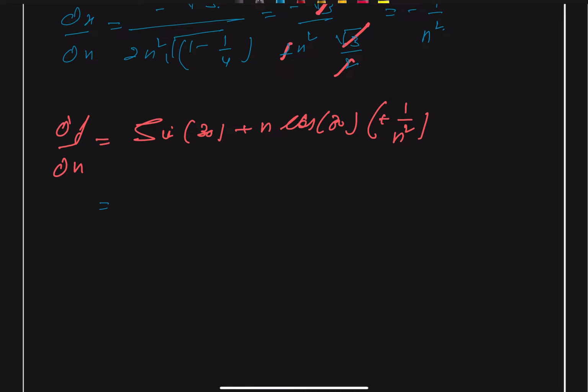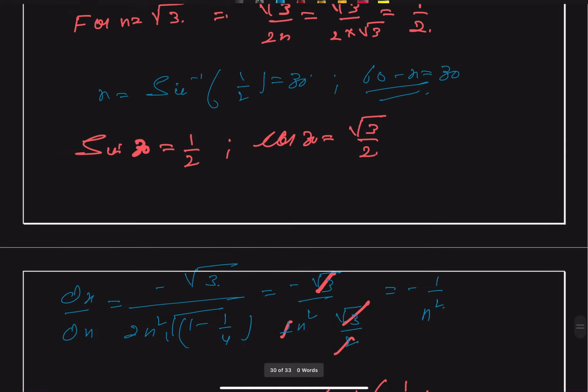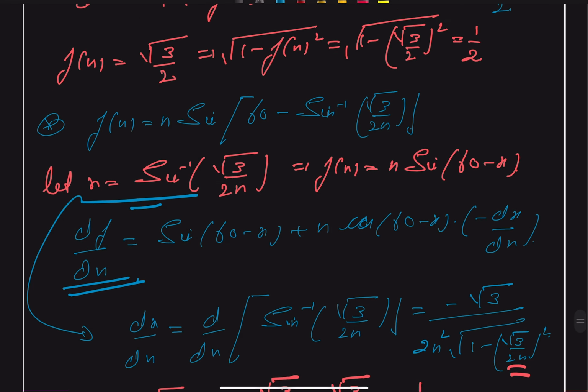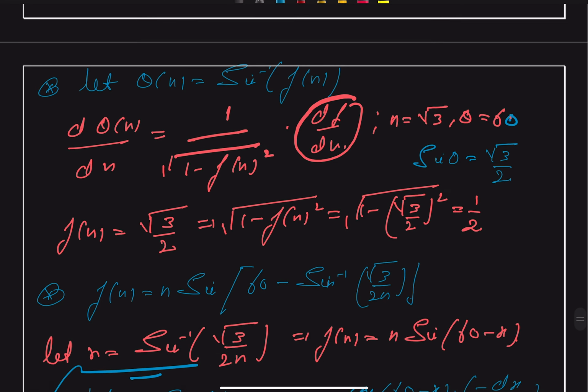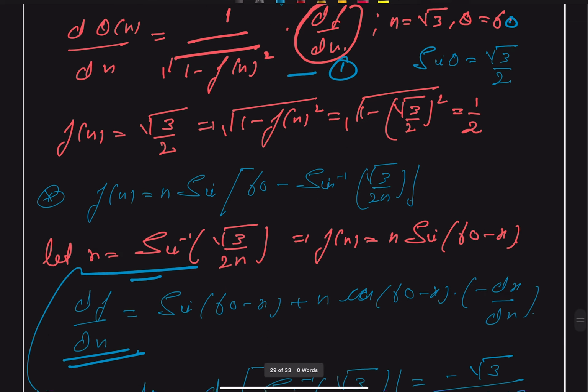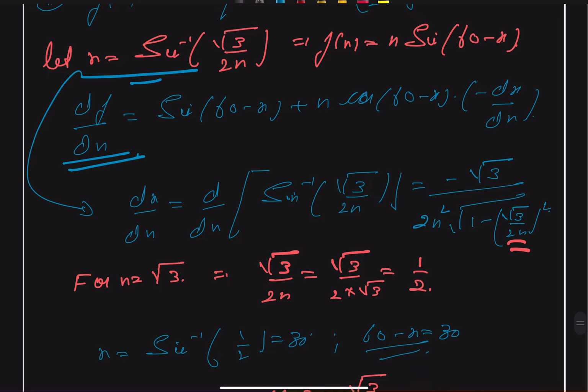Sine of 30 is 1 by 2, plus n times square root of 3 divided by 2, multiplied by 1 upon n squared. Here the square cancels one n, and we get 1 upon 2 plus square root of 3 divided by 2n. So we found df/dn. Let me name the equations, it is getting confusing. Suppose this is equation number 1 and this is equation number 2.